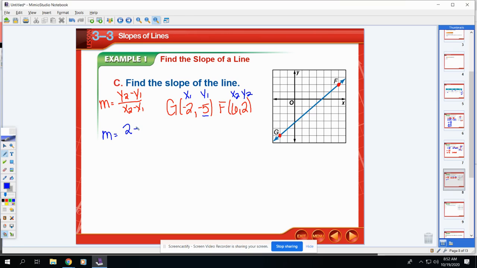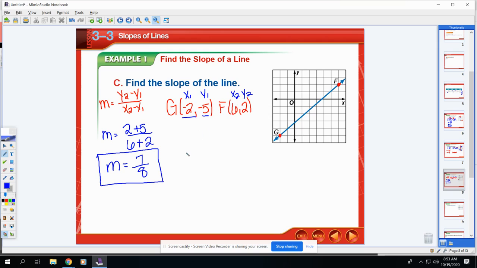A negative minus a negative, we're going to turn that into a plus. 2 plus 5. x2 minus x1 is going to be the same thing: 6 minus a -2, or 6 plus 2. We have to make sure we understand those double negatives and why we can turn those to plus signs. 2 plus 5 gives us 7, and 6 plus 2 gives us 8. So we will say here that our slope is 7/8.